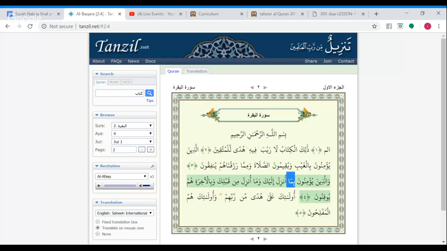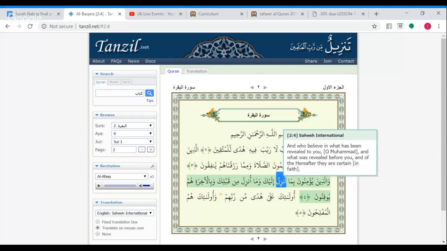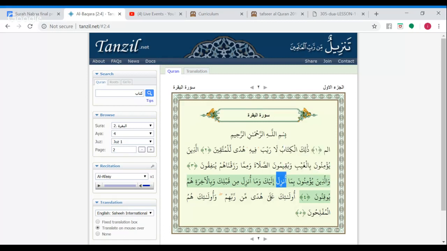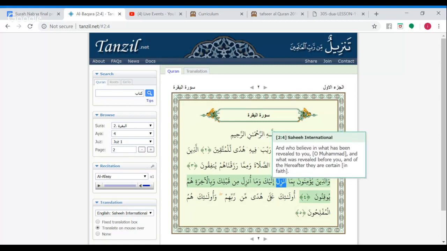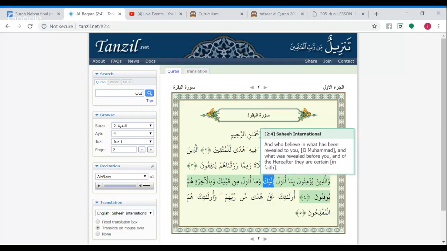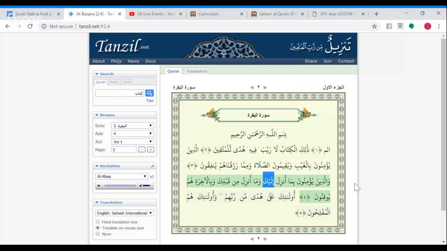Unzila, sent down. Unzila, with what? Sent down. Ilaika, towards you. What is going on? This is very important. Ila plus ka. Think about this word, ilaika. If you look at the harf jar list, ila is there. Ila means towards or to.